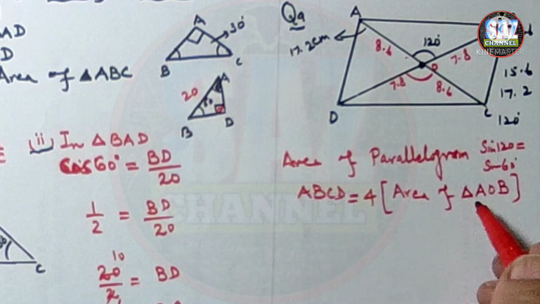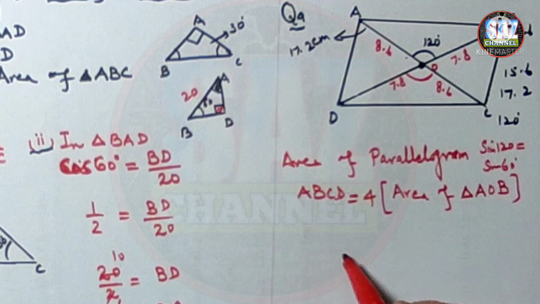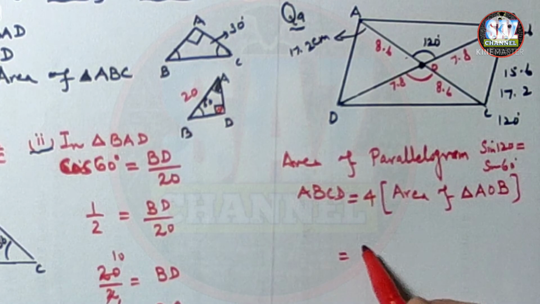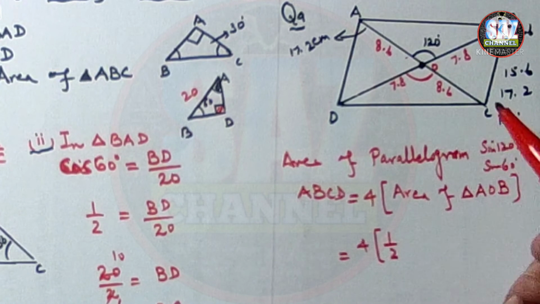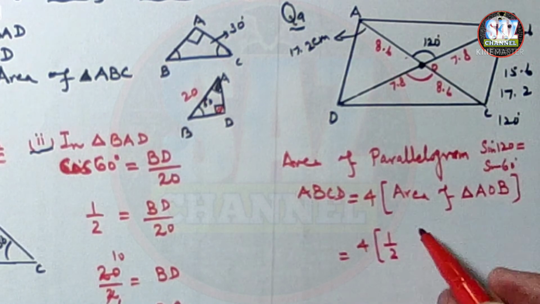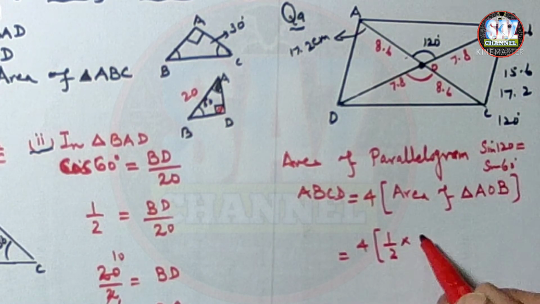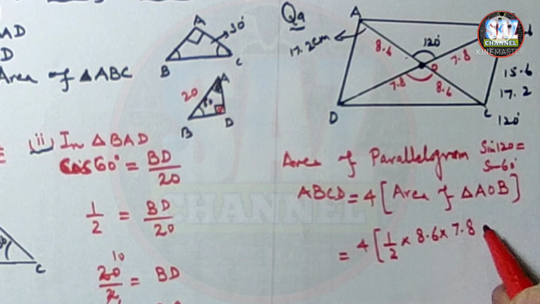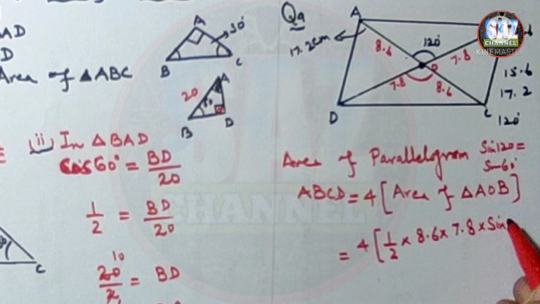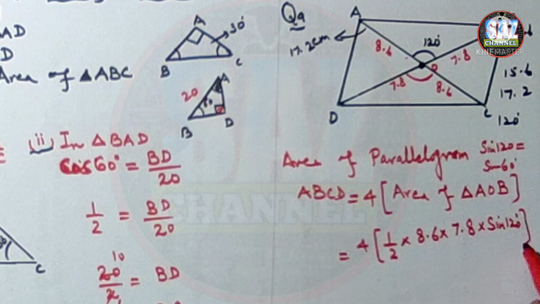We know the formula for the area of an oblique triangle is half of AB or OA, that is 8.6, multiplied by 7.8 multiplied by sine 120 degrees.